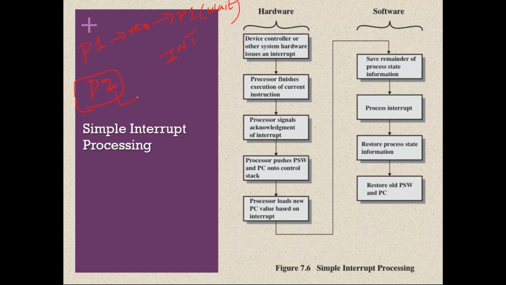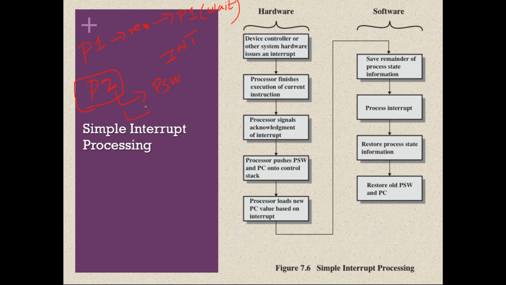The status information includes something called the PSW, program status word, which contains the full information about that particular process, like whether it has opened any file or is accessing any IO device. Full details about that process will be available in the PSW. So this should be pushed into the stack.